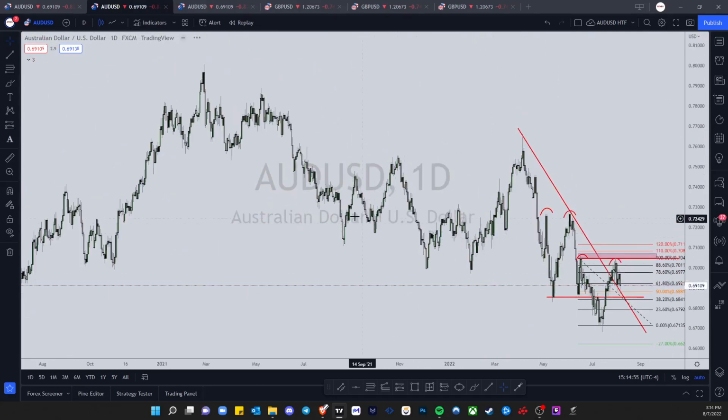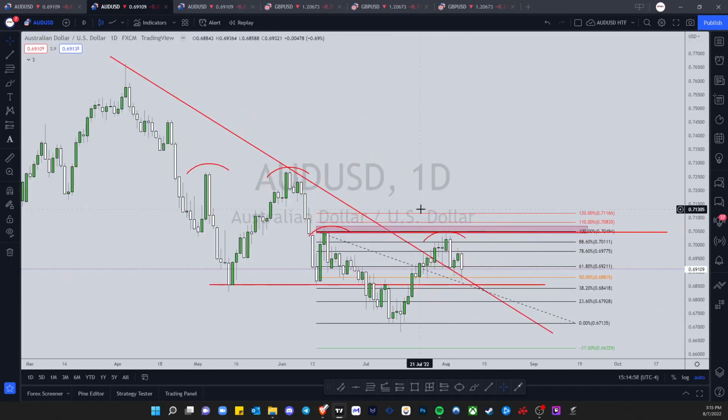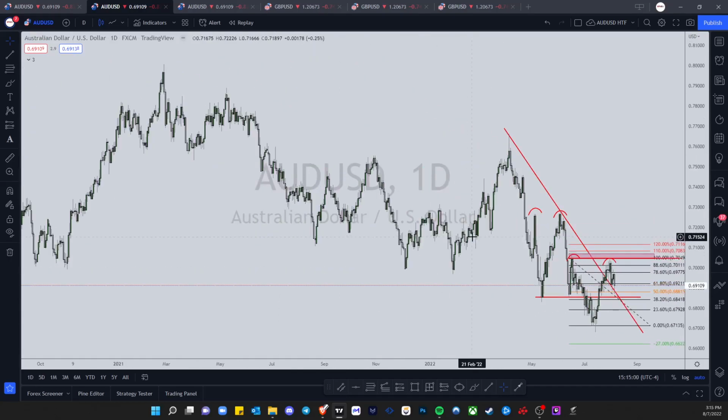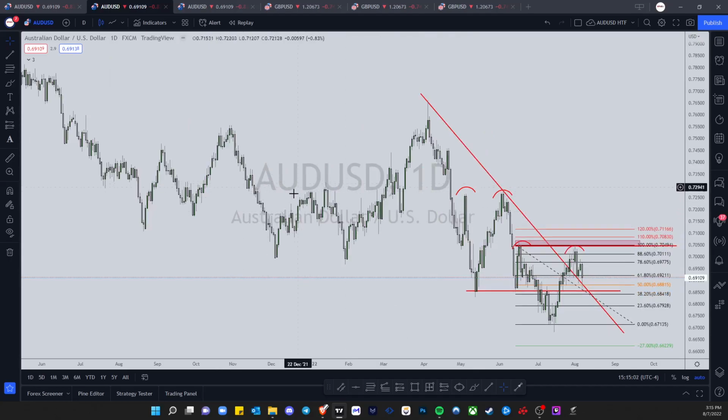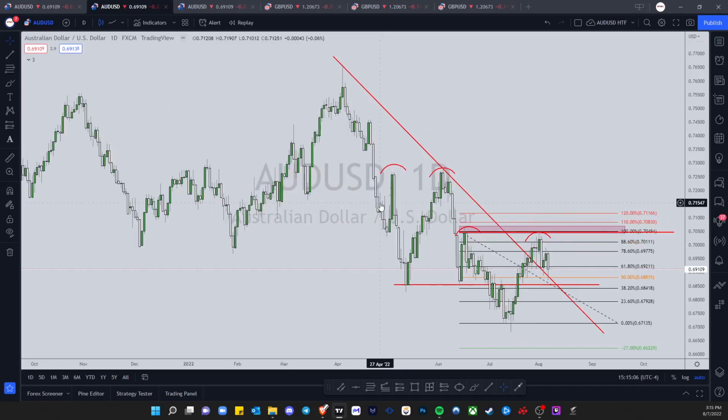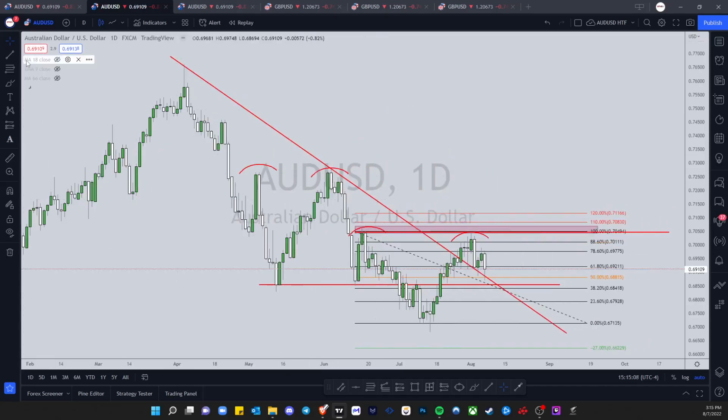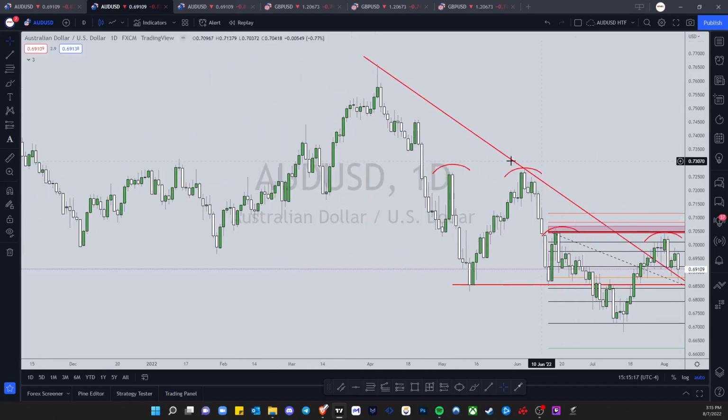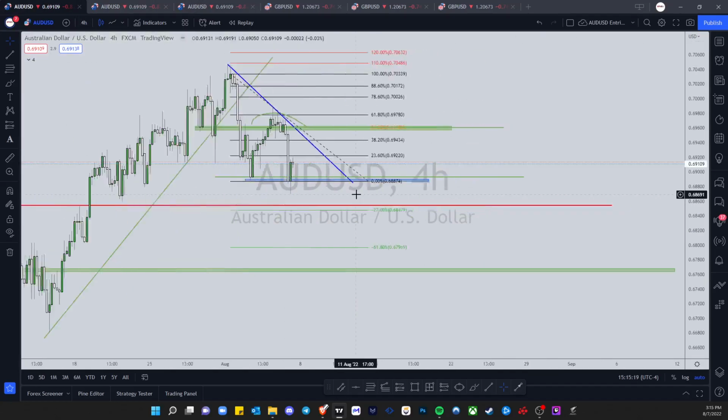My daily chart is just analyzing what's happening on a daily. It's also the same thing: no indicators. I do have moving averages, but I don't have them active. And then my entry chart.